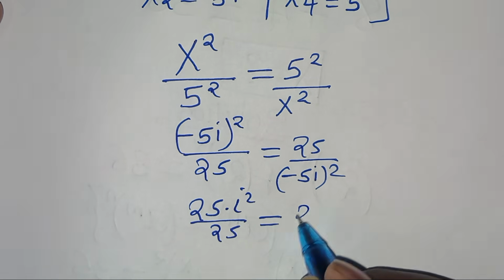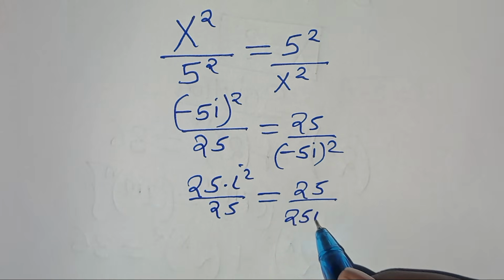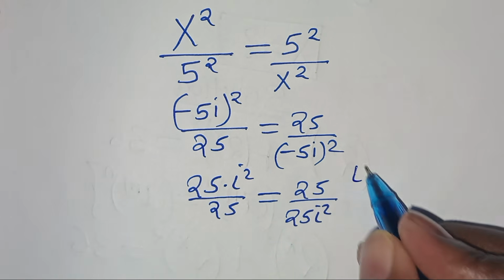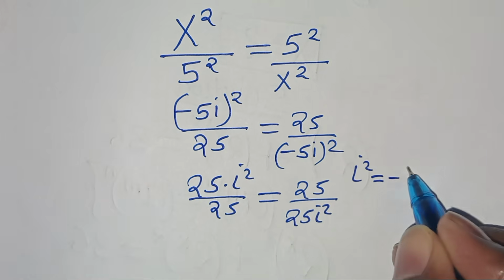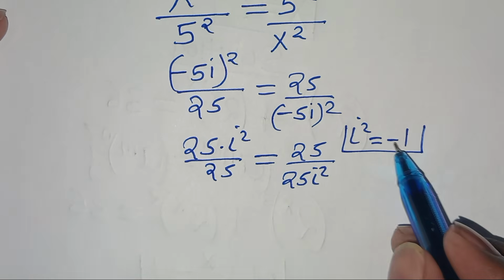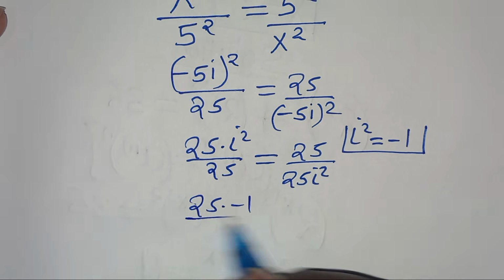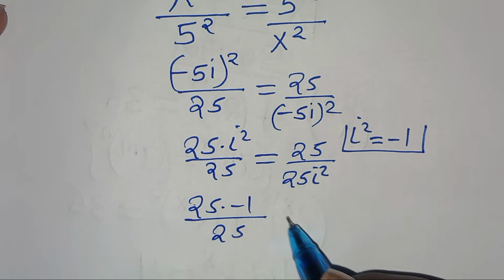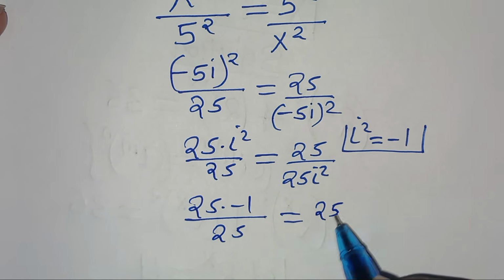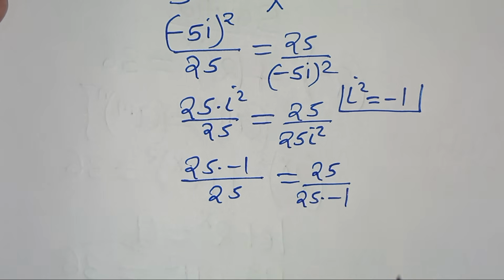This is equal to 25 divided by 25 i squared. We have that i squared is equal to negative 1. So let's substitute i squared with negative 1. So we have 25 times negative 1 divided by 25, which is equal to 25 divided by 25 times negative 1.